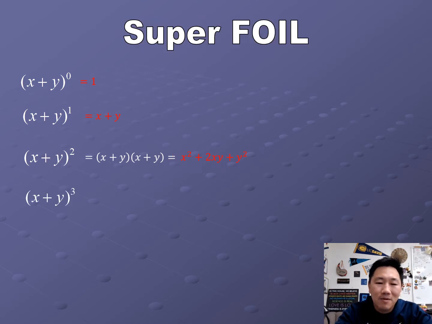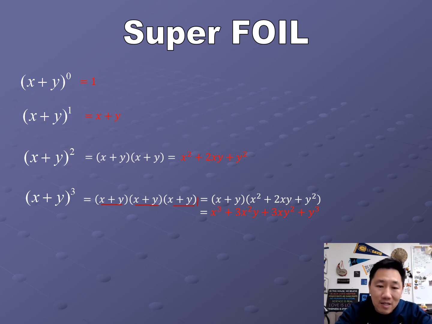What about x plus y to the third power? You have to do it 3 times. 1, 2, 3. And then I already did this part of it, the x plus y times x plus y, and that was the answer that we got earlier. Then you have to superfoil, distribute that one in.